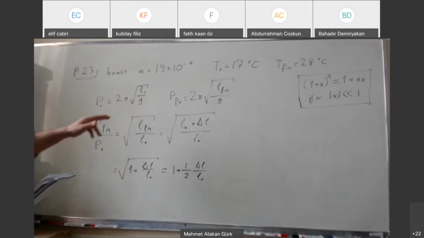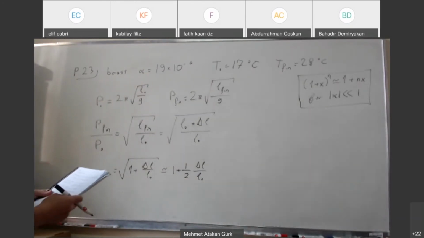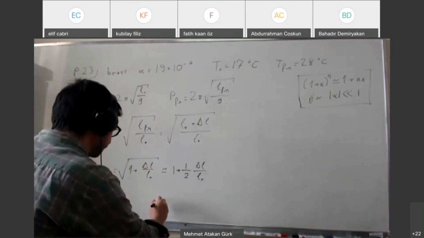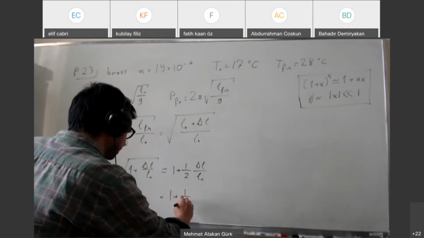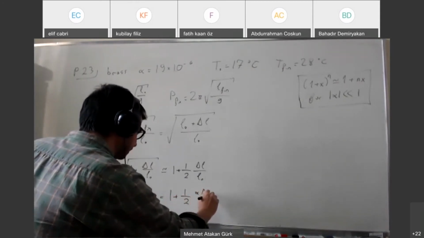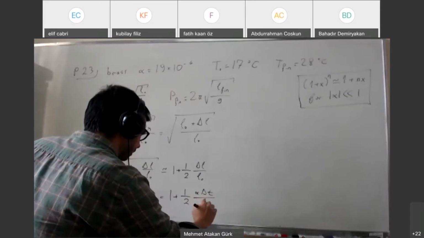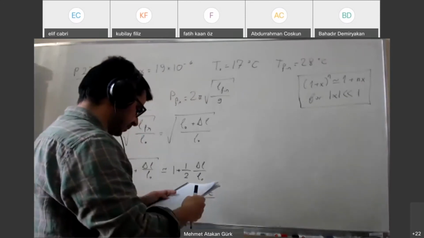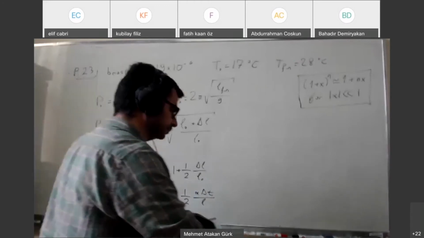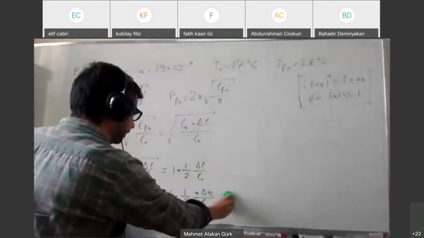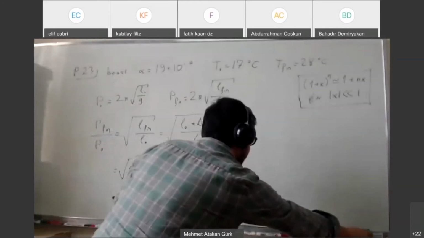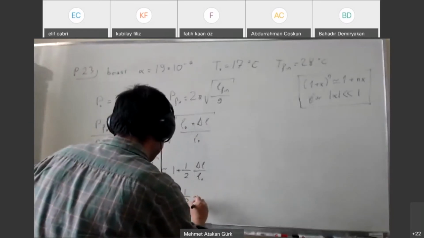It's related to the expansion coefficient. So we can write this as 1 plus a half alpha delta t, since delta L by L0 is just alpha times delta t.